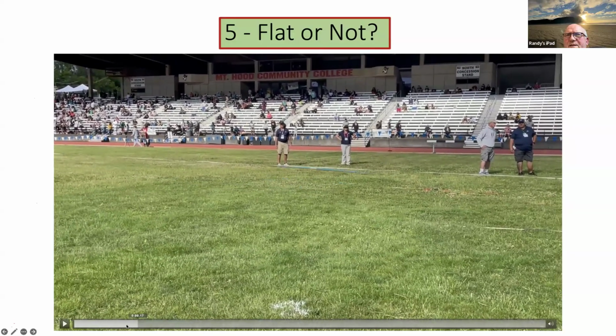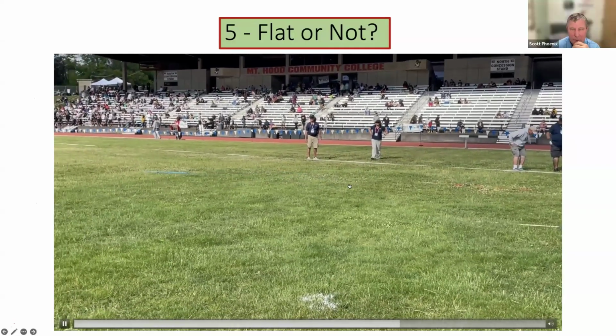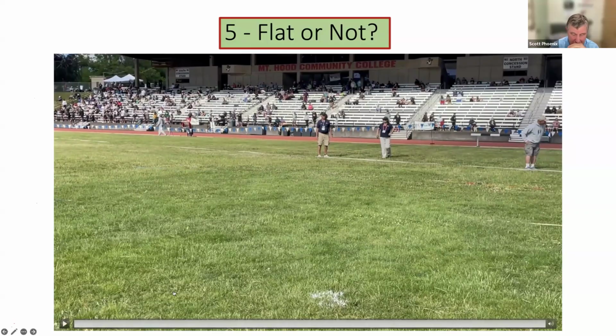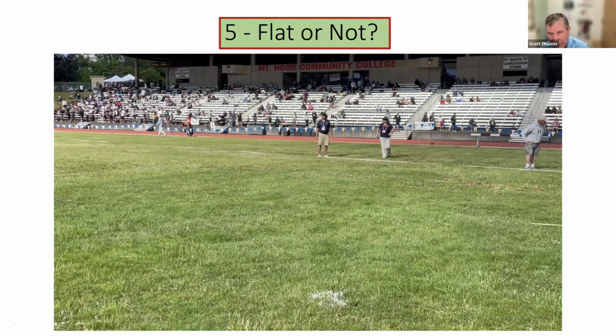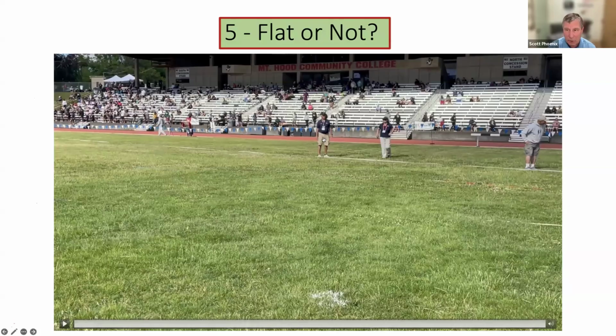Yeah. Now, all of these could have been ruled flat by officials. Every single one of these has been ruled flat, and some of them are going to get quite a bit of squawking by coaches, and some aren't.